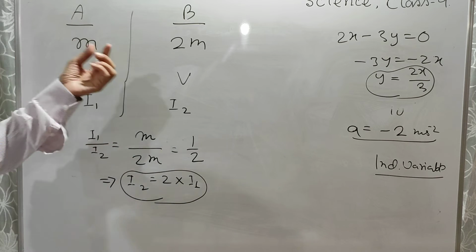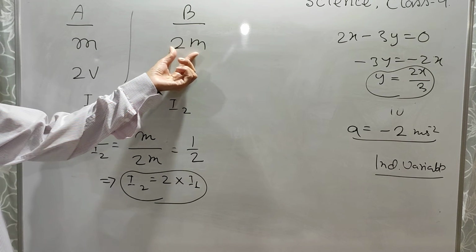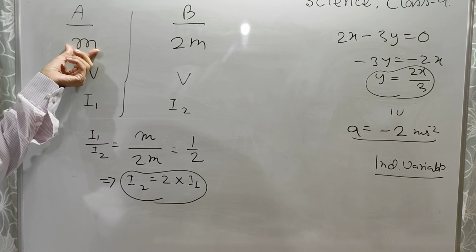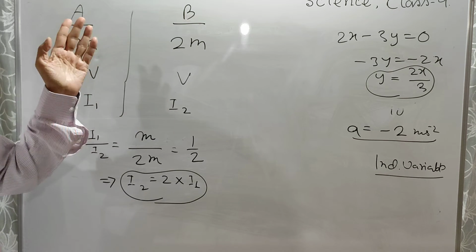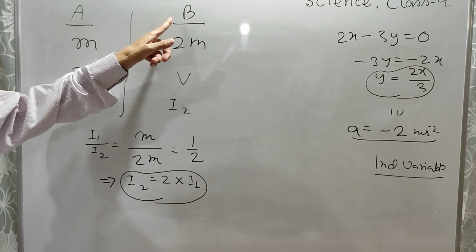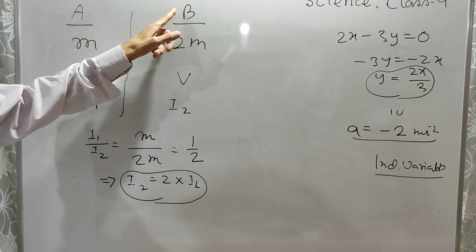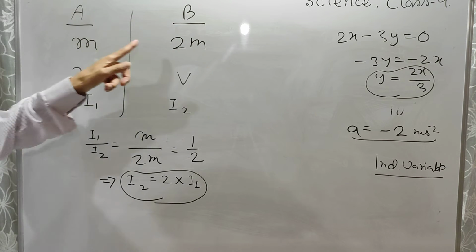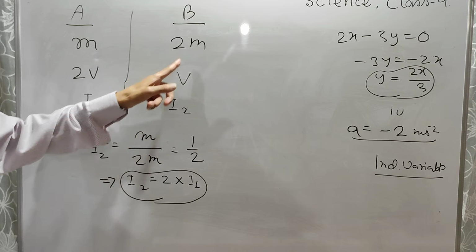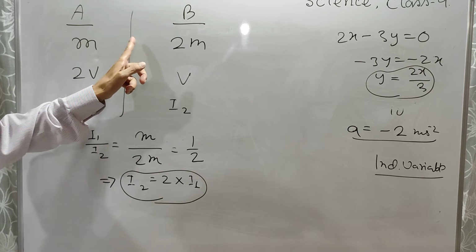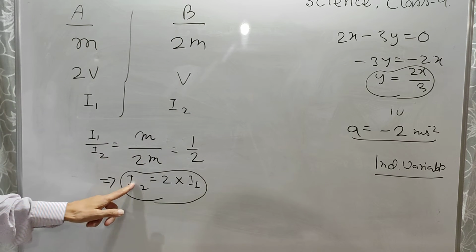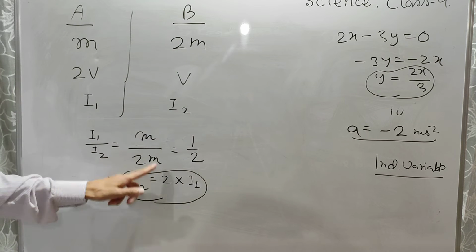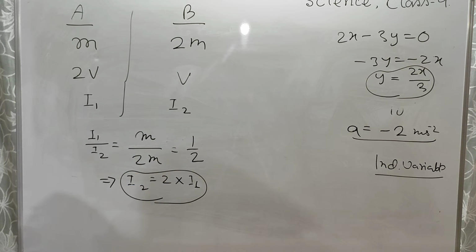Why so? Obviously, because the mass of the second ball is twice the mass of the first ball. Inertia is measured in terms of mass, so inertia of this body will be twice inertia of this, because it has mass m and this has twice m. So I2 equal to 2 into I1. Okay, so we have compared the inertia.